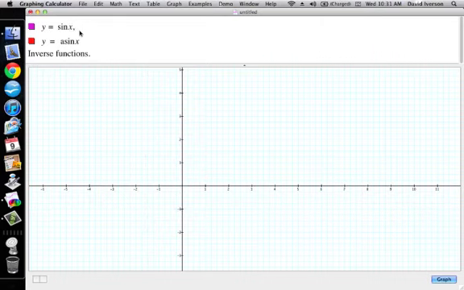And so I'm going to say negative pi over 2 is less than x is less than pi over 2.